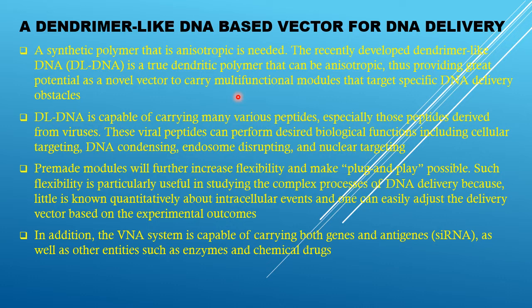So here we are not using plasmid, but these dendrimer-like DNA structures, and in those structures the gene of interest is incorporated. There will be a way that they directly attach to that particular DNA and bring it to the host cell or mammalian target cells.